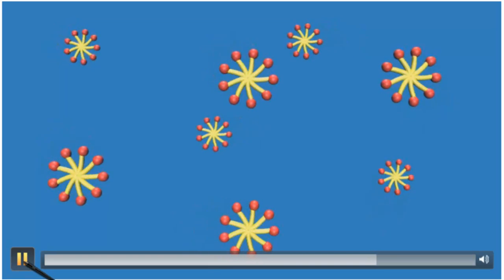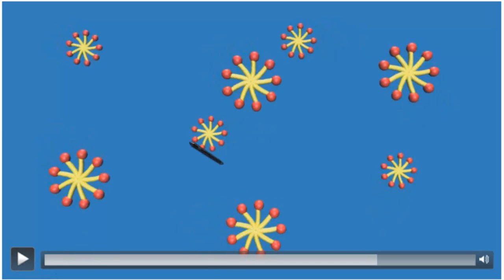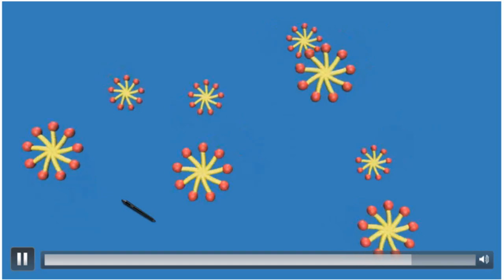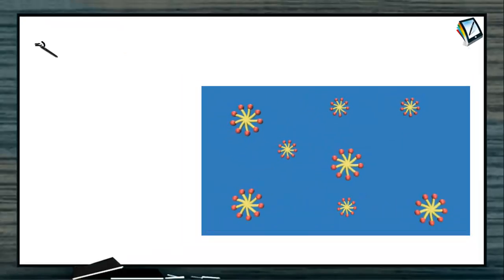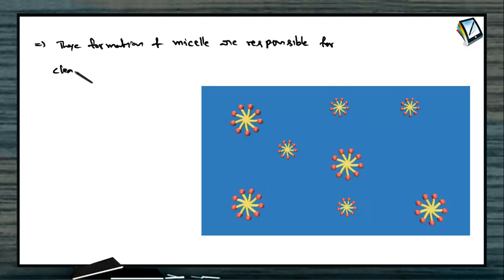All the head groups face the polar solvent, and the tail groups are immersed inside the ring, which is not soluble in the solvent. These micelles are responsible for the cleaning action of the soap.